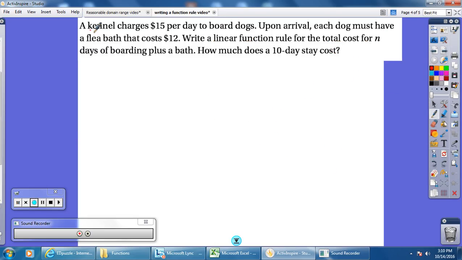Last one. A kennel charges $15 per day to board dogs. Upon arrival, each dog must have a flea bath that costs $12. Okay. Write a linear function rule for the total cost n. So n is my total cost. Okay? And then I have an each day charge there, right? So let's put X will be my per day charge.